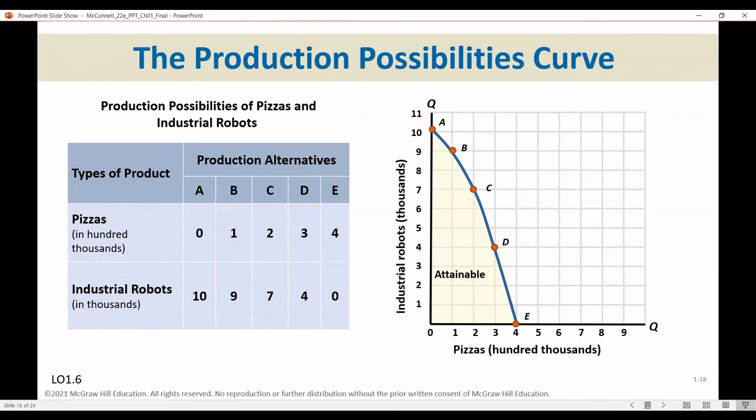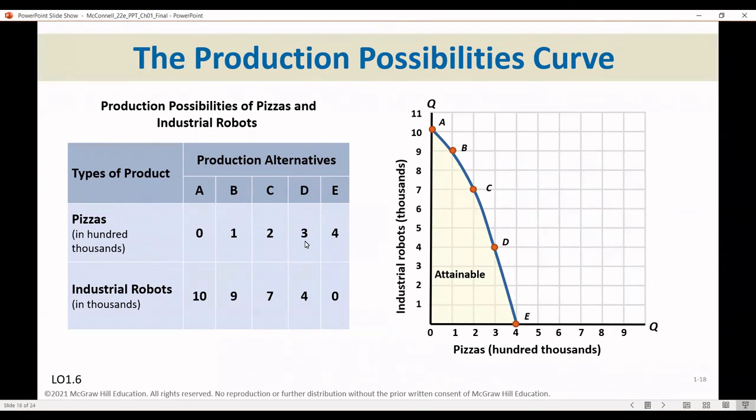Capital good, here we have an industrial robot for capital good. So with all the resources you have, you can choose to produce at A, when you are not producing any pizza, but you use all the resources to produce industrial robots. Or you can be between A, B, C, D, and E, right?